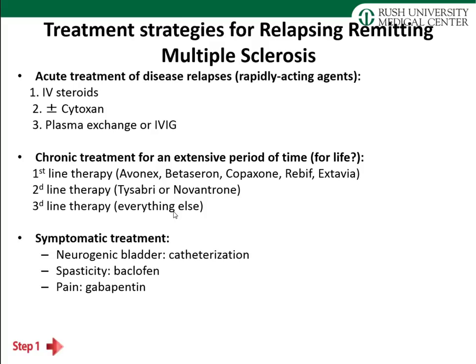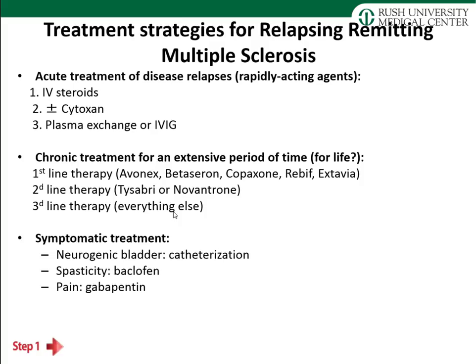Second line therapies have a risk of side effects, including Tysabri, and that is why they are reserved for patients who fail the first line therapies. These therapies work within the immune system to lower the inflammatory reaction that is seen in multiple sclerosis patients. Although you don't need to know the details of these medications, you need to understand that they are the mainstay of treatment for patients with a diagnosis of MS.